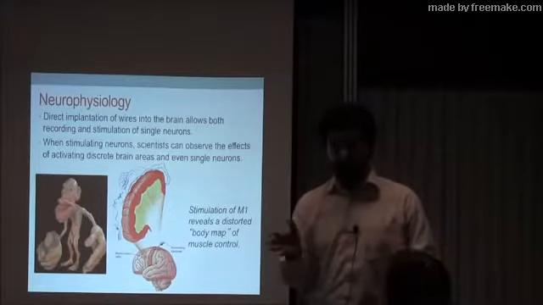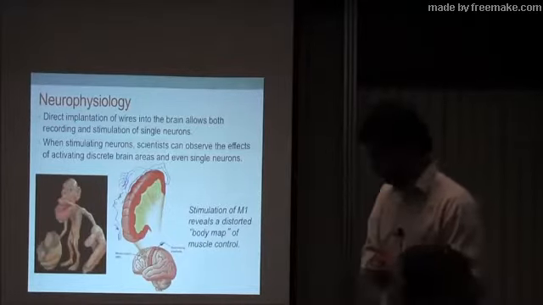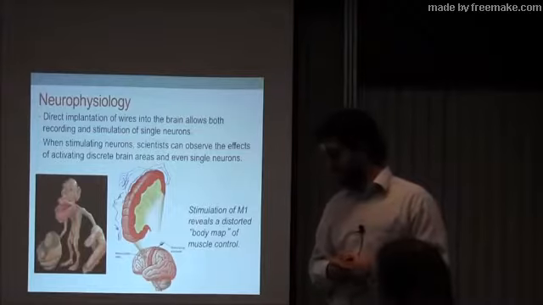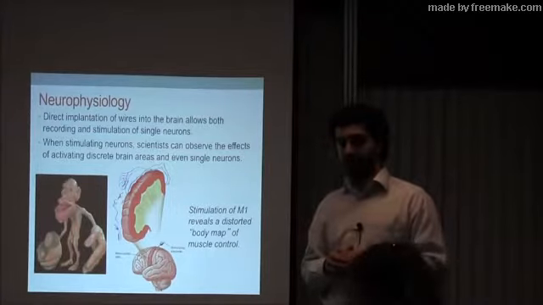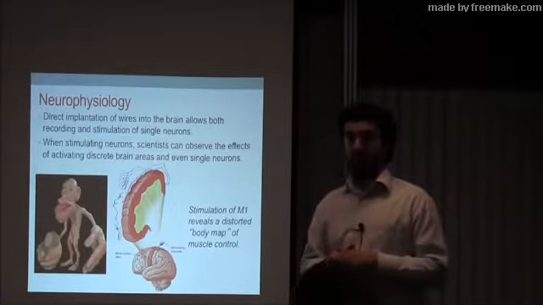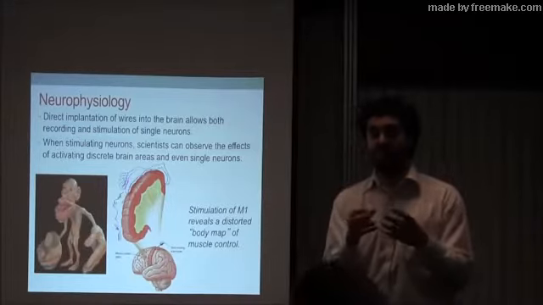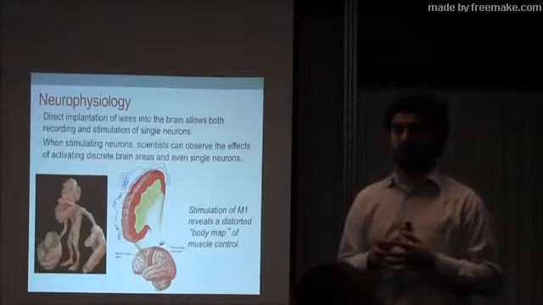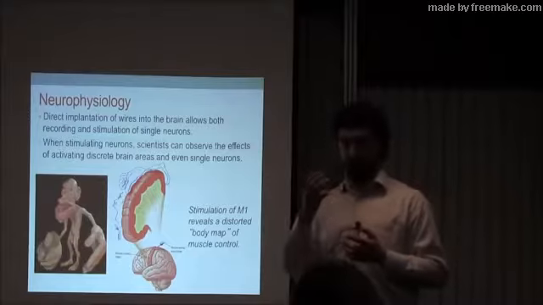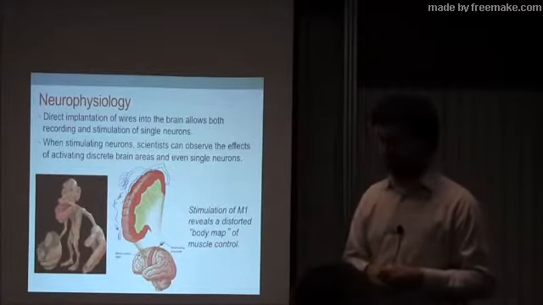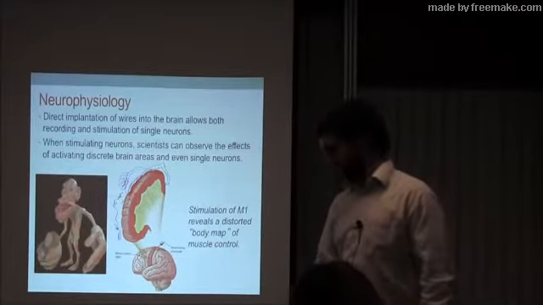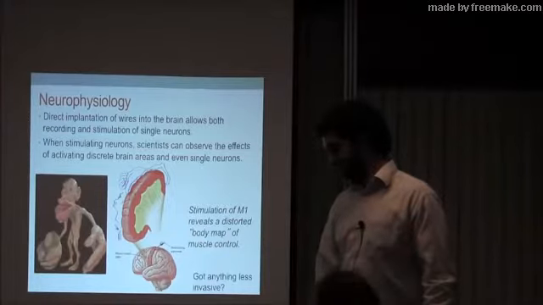Okay? Is that idea clear? All right. And this is generally speaking the idea behind the homunculus, which represents how these different areas of the body map on the motor cortex, and some of them on the sensory cortex.